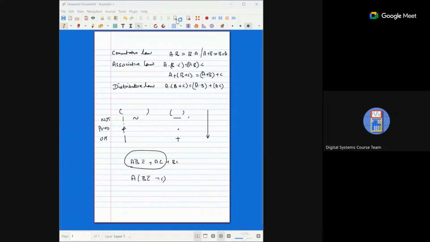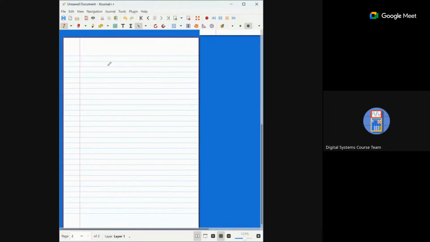Now let's move on to the different types of Boolean algebra postulates. One is the identity basis: X OR with 0 is X, and similarly X dot with 1 is X. So I have an unknown input called X and another known input, 0.